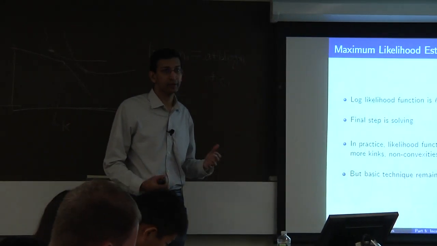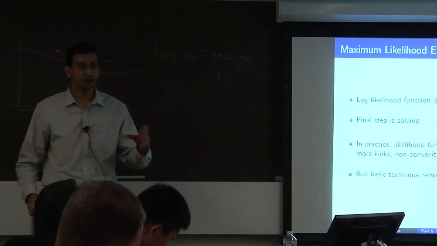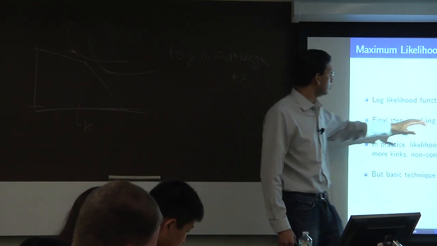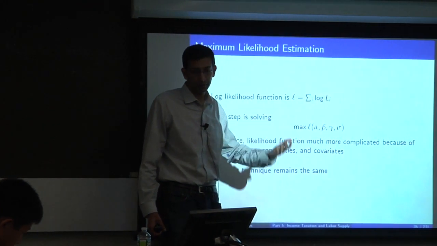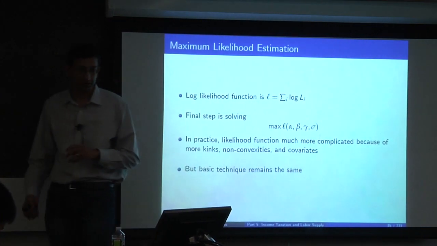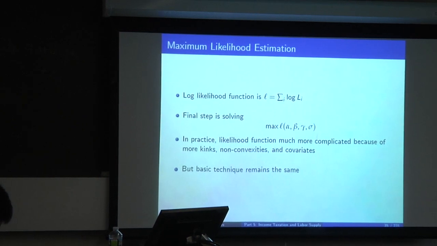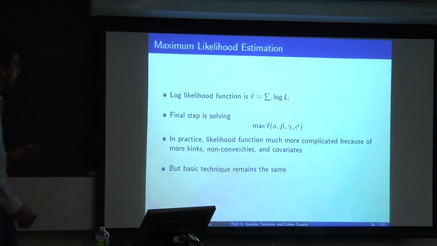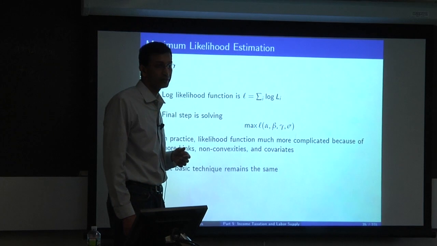So the logic is straightforward. In any maximum likelihood estimation, once you've constructed the likelihood, which is the most complicated part, you just sum the log likelihood. That's the same as maximizing the product of the likelihoods for each individual. The final step is the looping step, the way you do it on a computer: you maximize this function over the parameter vector.